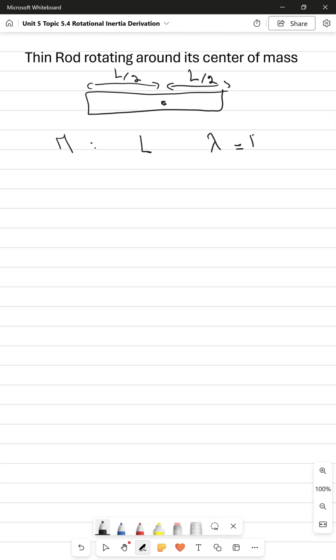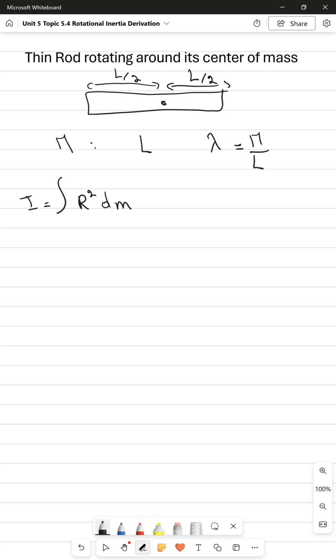to m over L. Our equation from the previous video is I equals integral of r squared dm. We want to find what dm is.